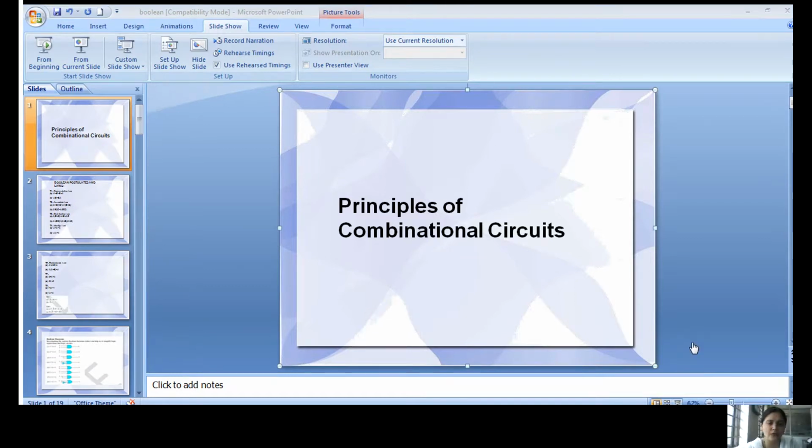Keeping in mind that all those things you have studied, and even you have studied about the Boolean laws, let us brush up with that.